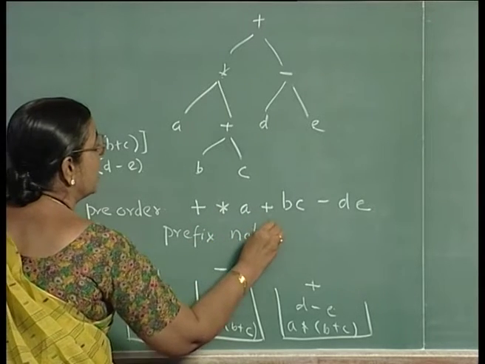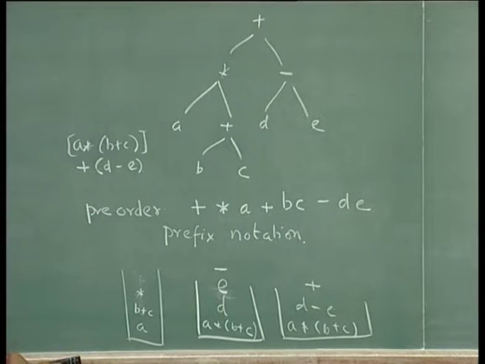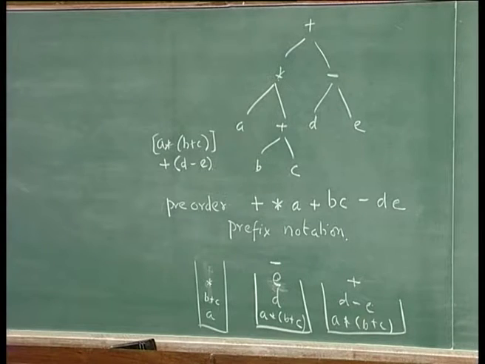These are the ways in which an arithmetic expression is represented internally in the computer by the compiler as an intermediate code. Then the machine code will be generated.